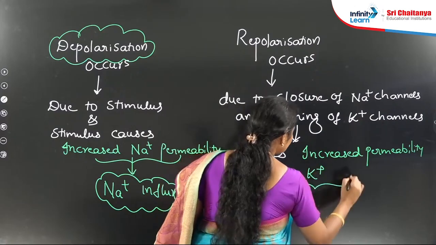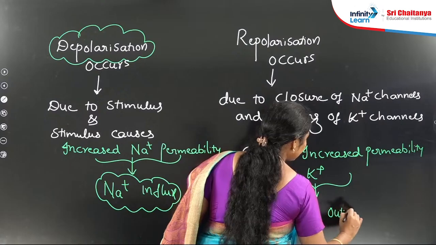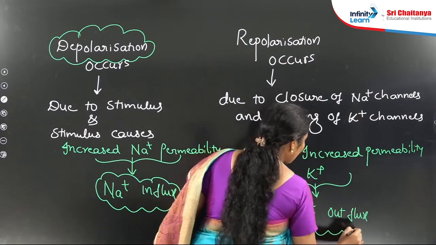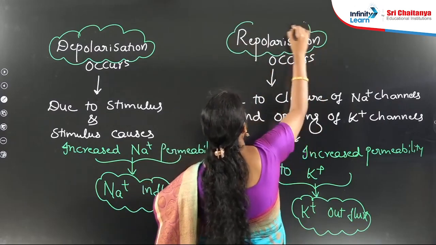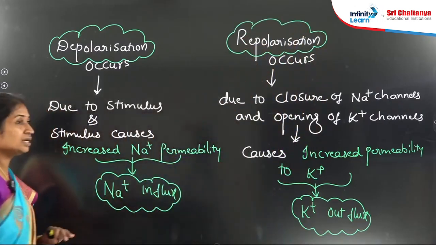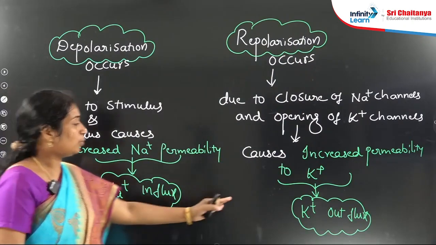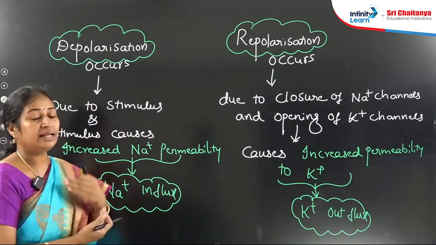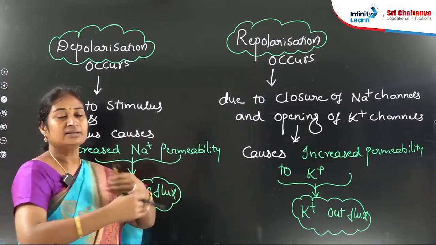It means potassium efflux or outflux will take place. Potassium outflux causes repolarization. Sodium influx causes depolarization, but potassium outflux causes repolarization. Like that the entire membrane undergoes depolarization, repolarization, and it will continue.